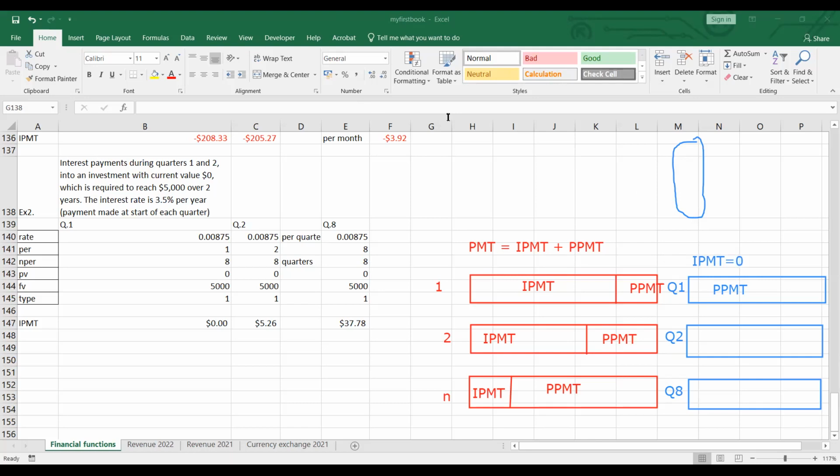That means when you save the money for the investment for the first time, you don't have any interest yet. But when you start saving more or invest more in the second month, the IPMT is a bit increasing.